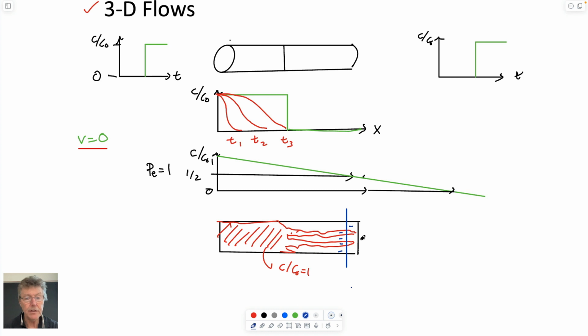And so maybe on average, the concentration as you get to the end of here is equal to 0 times 0.2, which is the volume, 1 times 0.2, 0 times 0.2.